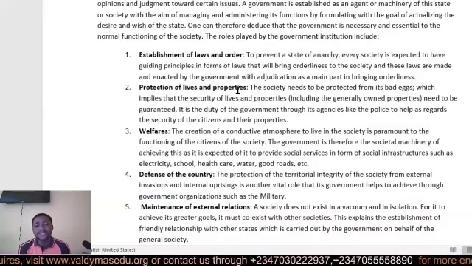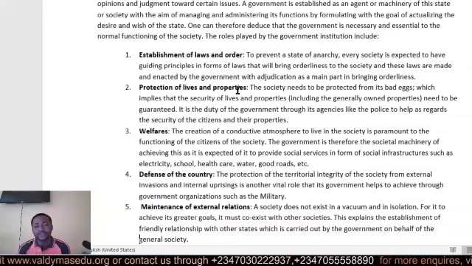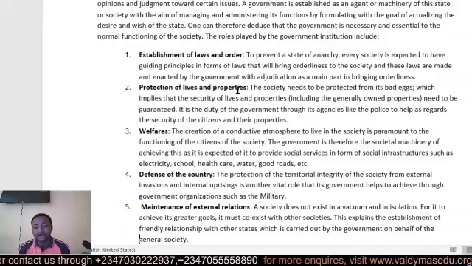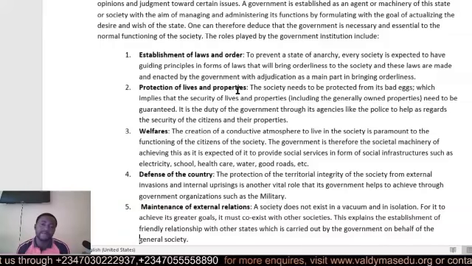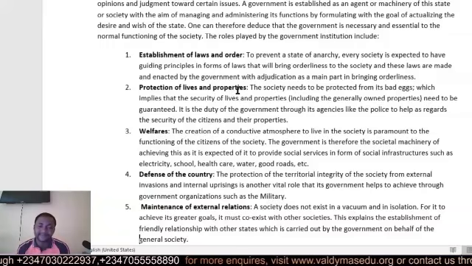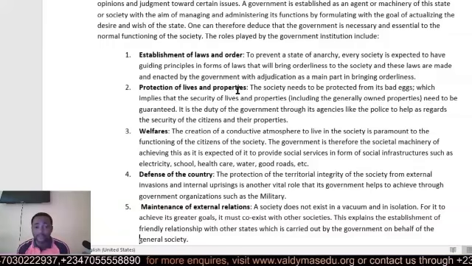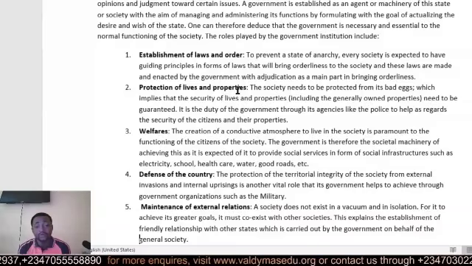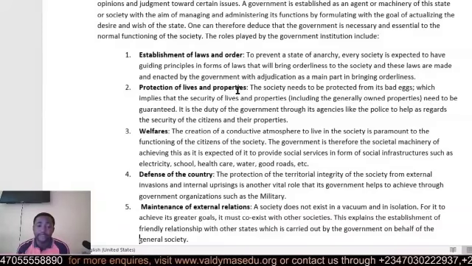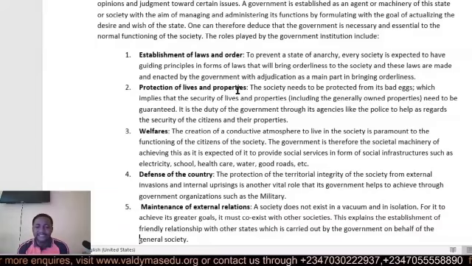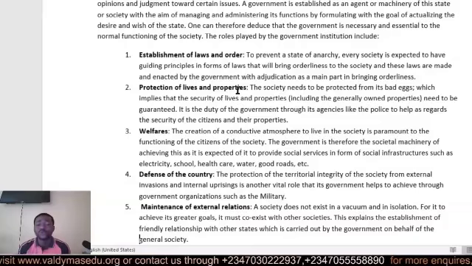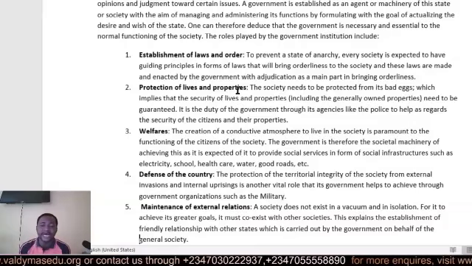Now, what are the things that constitute a conducive environment? Part of the things that constitute a conducive environment are stable power supply, good roads, employment, and some other things. All these things are needed by the citizens: good schools, healthcare, water, and all that.